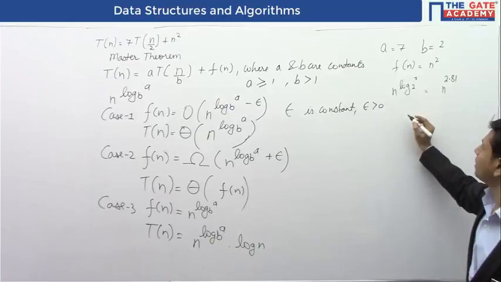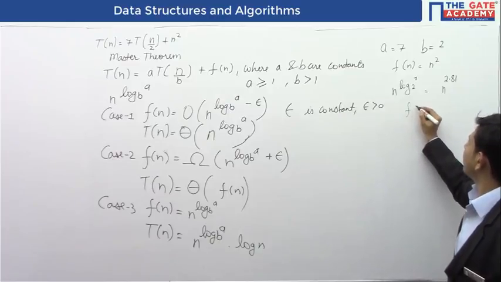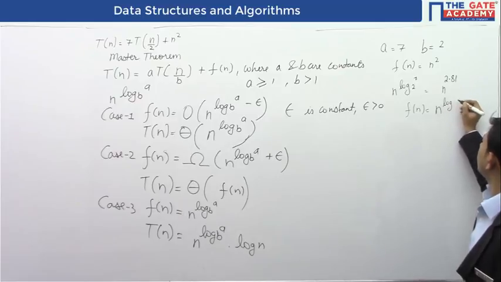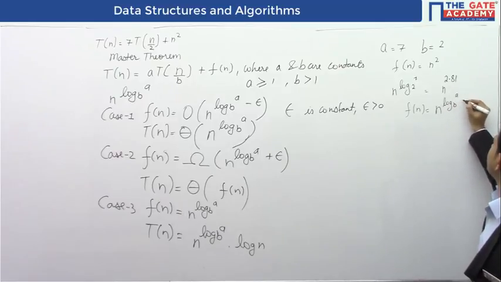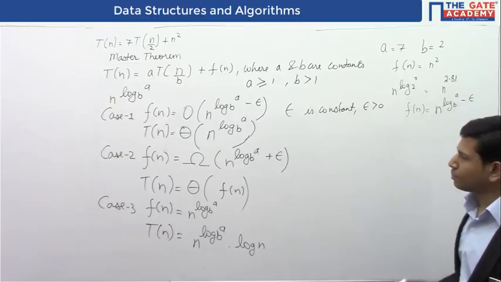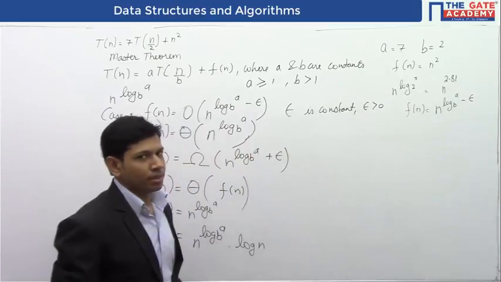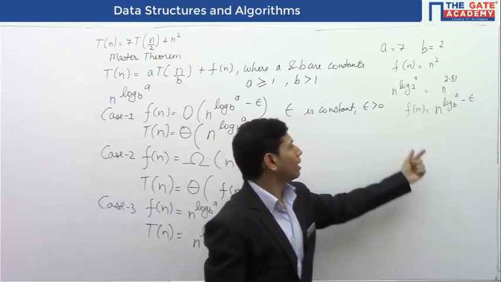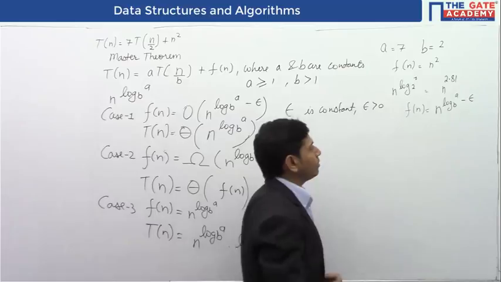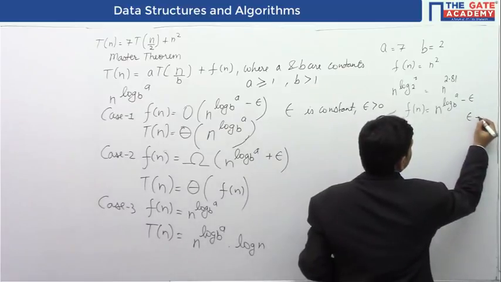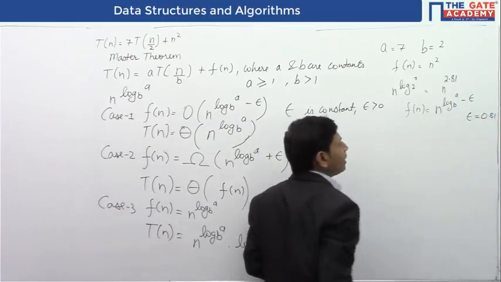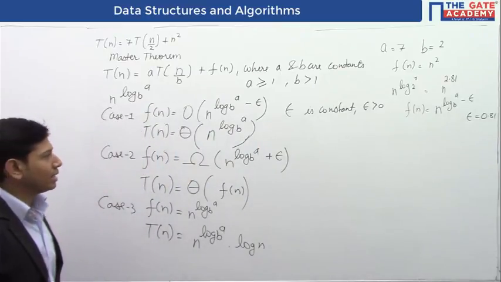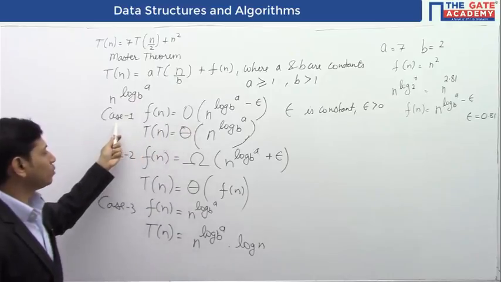So we can say that f(n) is equal to n raised to power log of a base b minus epsilon, where epsilon is 0.81. When we subtract 0.81 from 2.81, it becomes n square, which is our f(n). Once we have this, we can see that this corresponds to case 1 of master theorem.